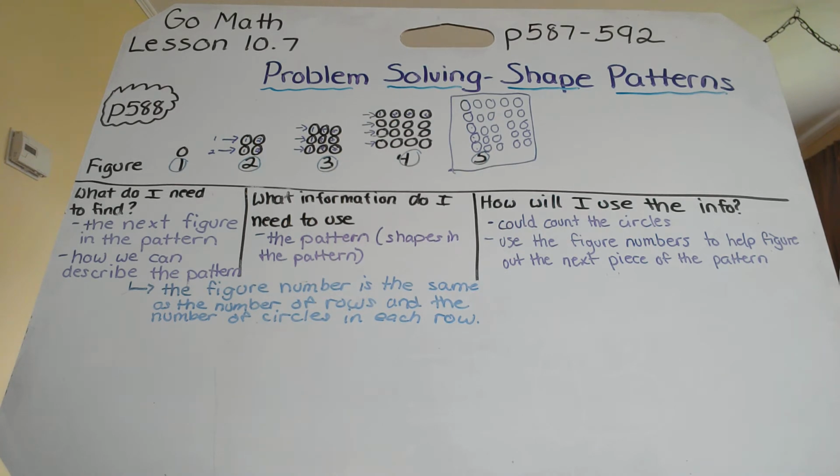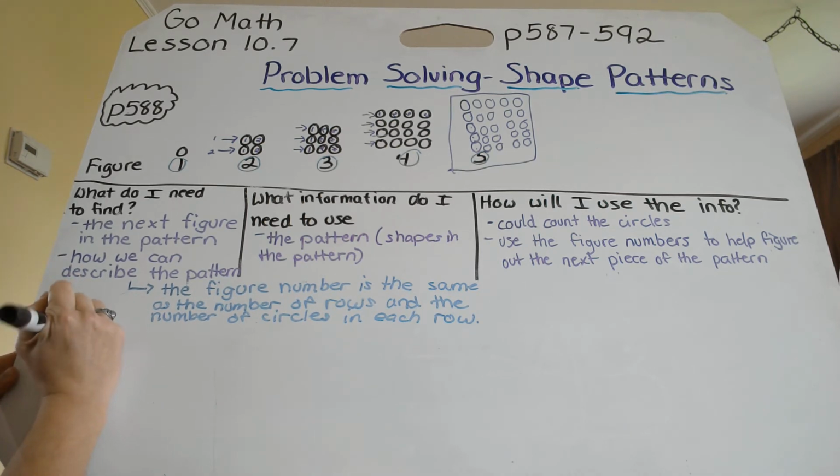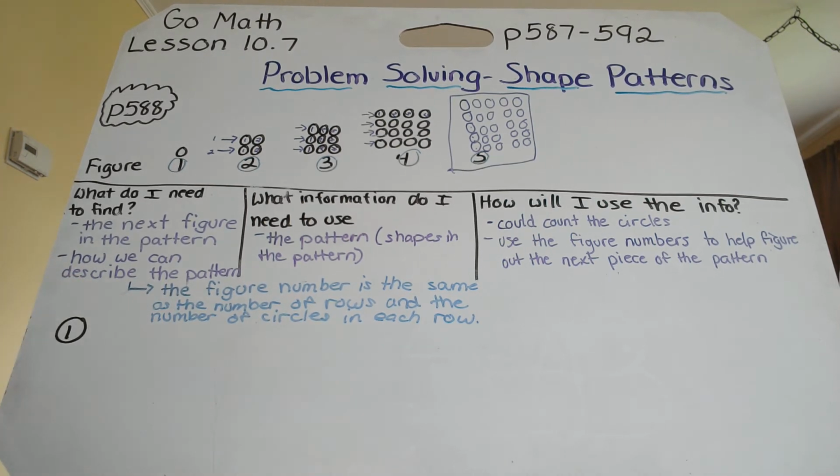So that would be everything for that chart on the top, pretty much the whole page of 518. But there is 2 questions underneath that I want to answer, okay? So number 1 says, use the figures to write a number pattern, then describe the pattern in the numbers. Use the figures to write a number pattern.